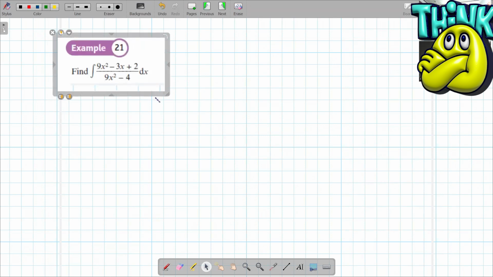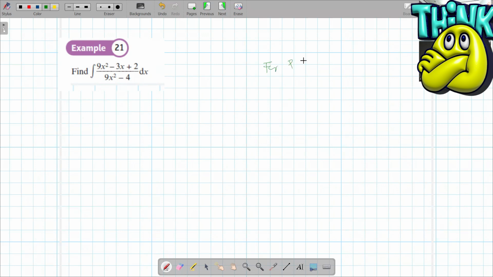This question, what is the numerator? What is the degree of the numerator? They're both squared, so degree two. For partial fractions, as you said, the degree of the numerator should be less than the degree of the denominator, right?